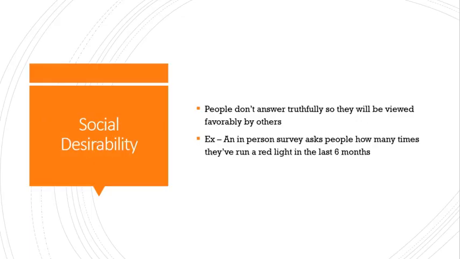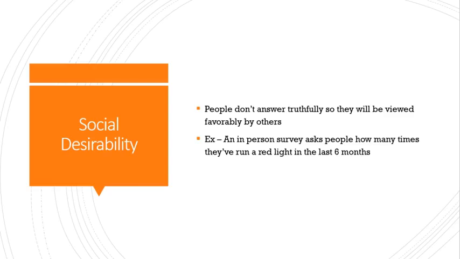And then the last kind of response bias that we're going to talk about, there's a lot, like 10, 15. The three that we're going to talk about is social desirability. This is where people might not necessarily tell the truth because of social pressure, because they want to be viewed favorably.